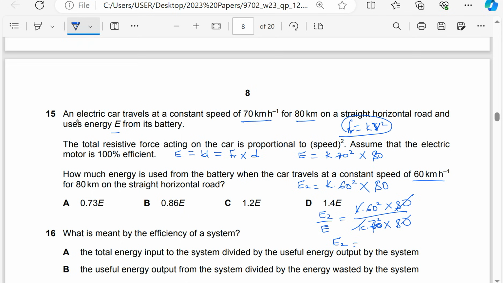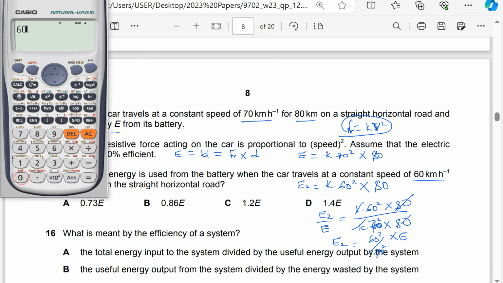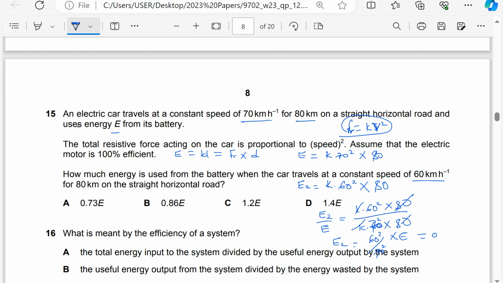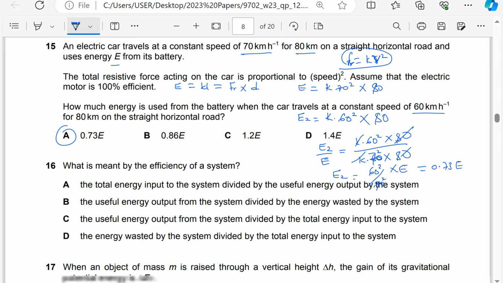So you have 60 squared over 70 squared, then times E. So 60 squared divided by 70 squared is 0.7346, or 0.73E. So the answer is going to be A.